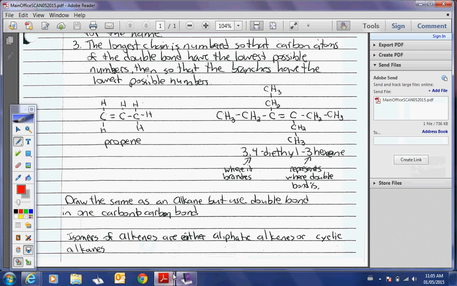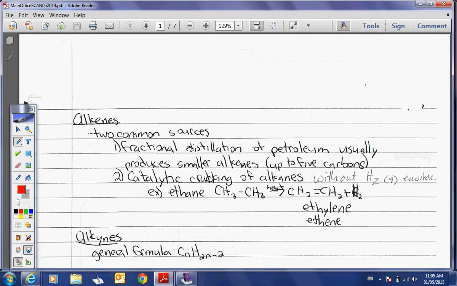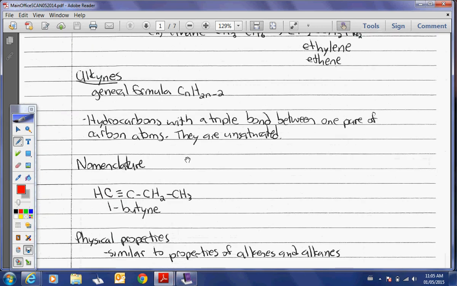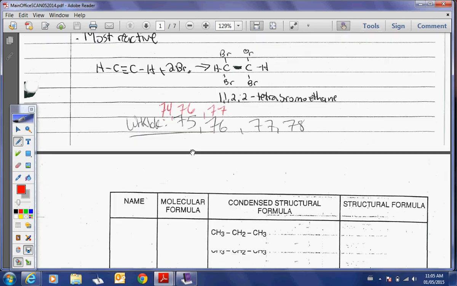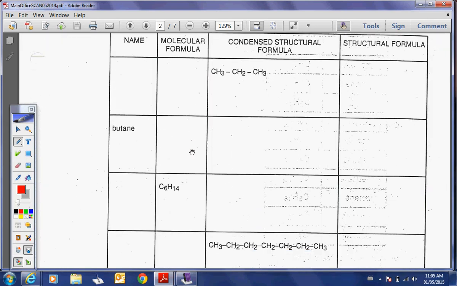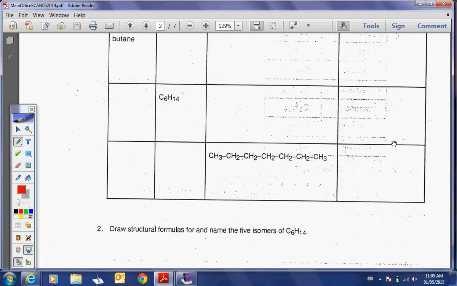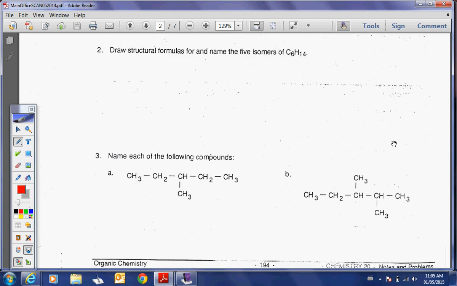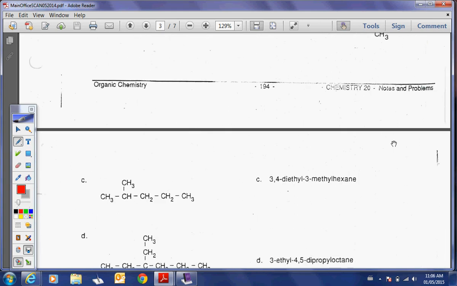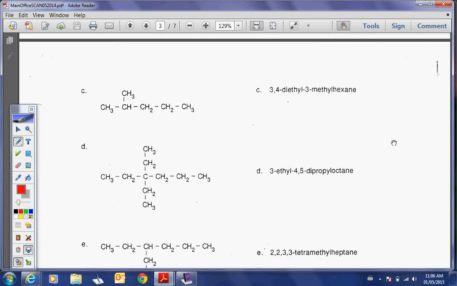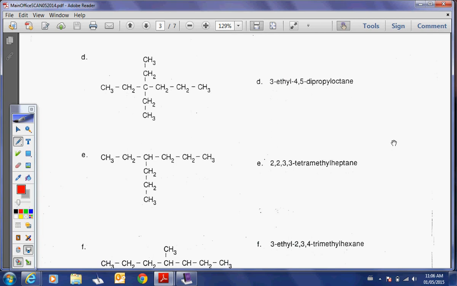Oh yeah, that's the end of that. This sheet here, we're just going to skip over it. And we're going to go into that sheet there. This first bit are all alkanes, just a bit of a warm up.